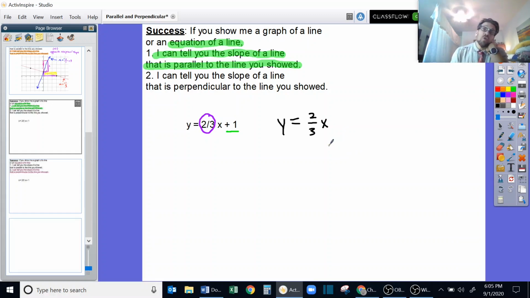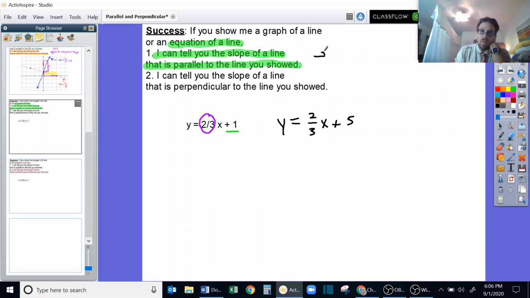Now, if I don't want it to be the same line, infinite solutions, a line that is concurrent, exactly on top of it, but I want it to be up a little or down a little, I would just have to change my y-intercept. I could change this to pretty much anything. So I could say y equals 2/3 x plus 5.